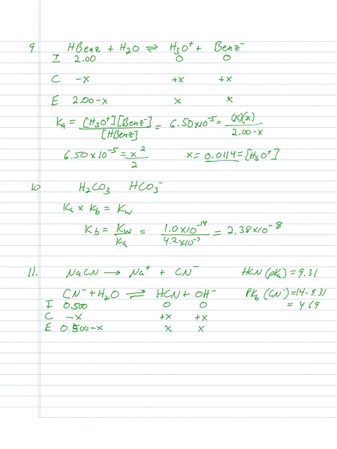Okay, so now I know the pKb. I can find the Kb just by doing 10 to the minus pKb. So the Kb would be equal to 10 to the minus 4.69, and so the Kb for CN minus is 2.04 times 10 to the minus 5.